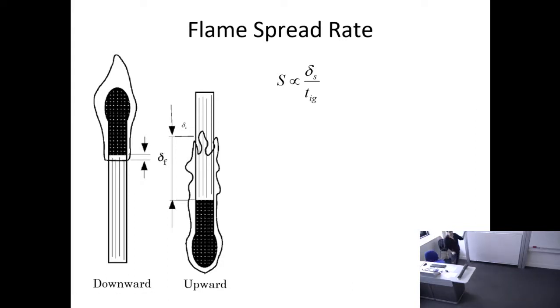If you're holding the flame upwards, the heat will only cover the next layer, which will ignite a very small amount of material. Therefore, your flame speed will be lower for the same time to ignition. But if you hold it downwards, the flame actually covers all this material, and all this becomes the next layer that is going to be heated up by the flame, and actually you have about 3 to 4 times faster flame speed.